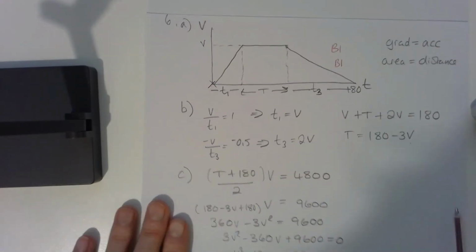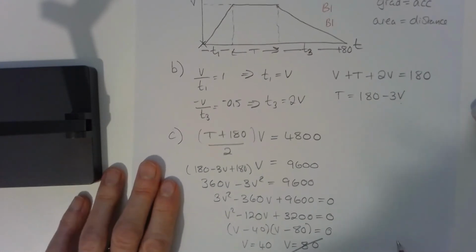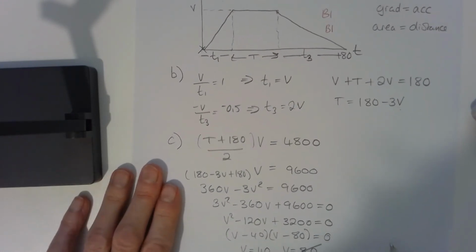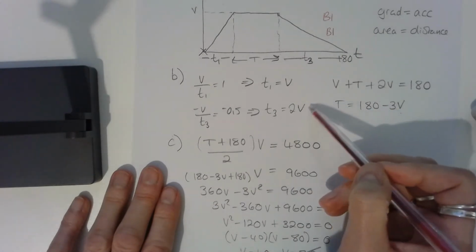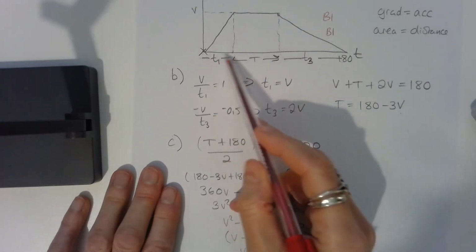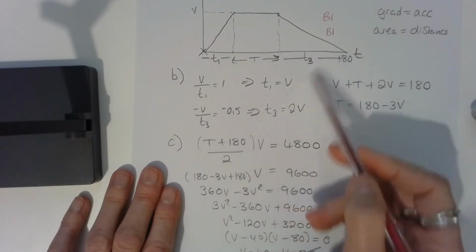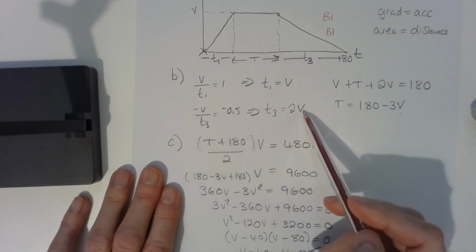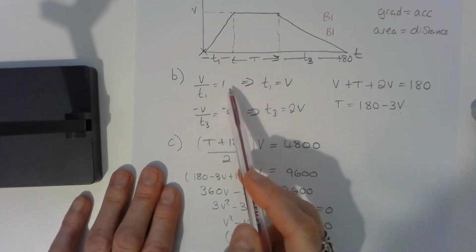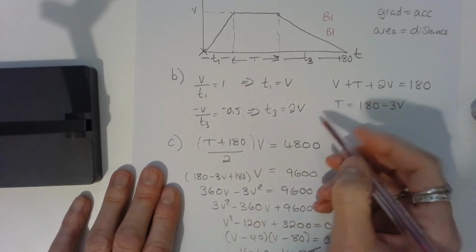For part B, there's a method mark for showing how you've used the gradient to write these time periods here in terms of v. Now you don't have to have written t1 and t3 here, there are several ways of doing it. But as long as it's clear that you've used the gradient, you get that one method mark.